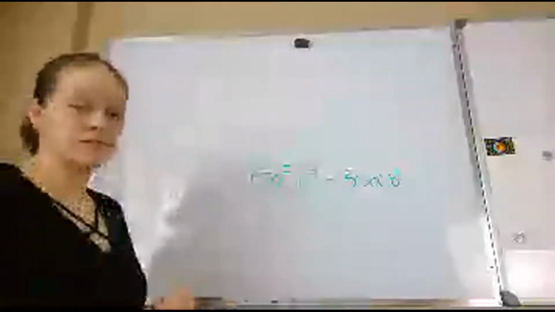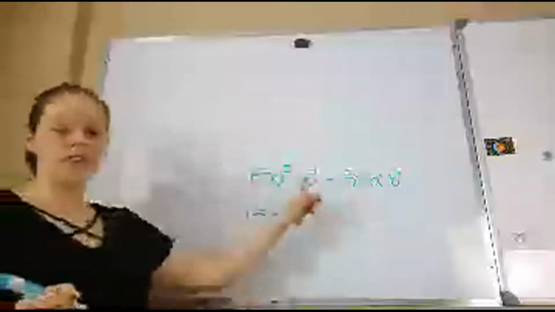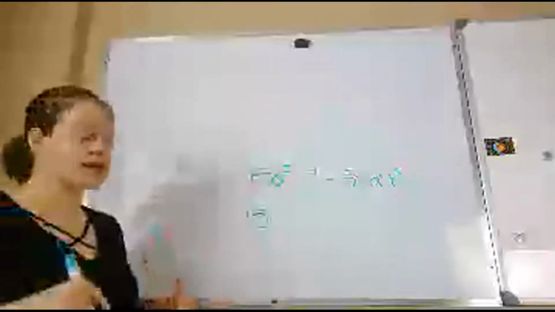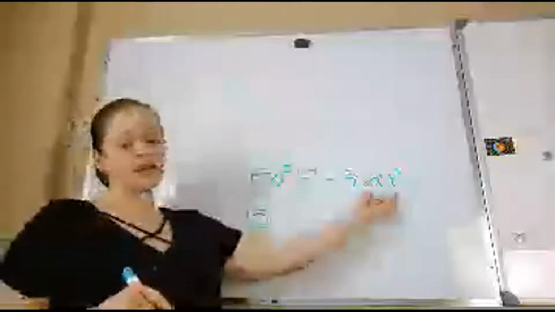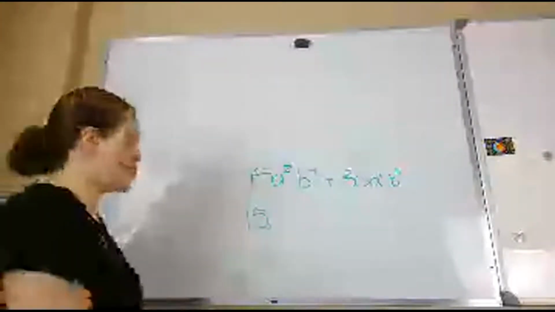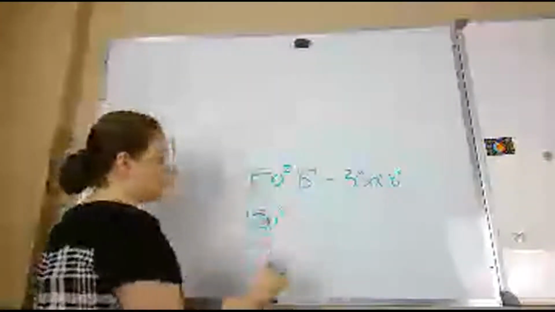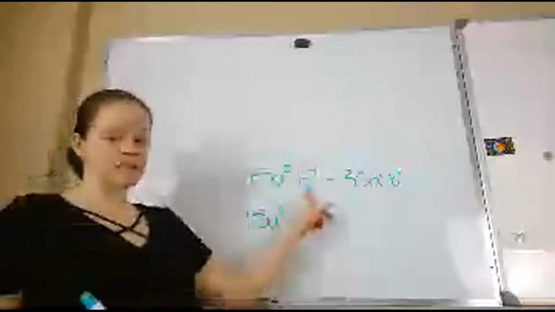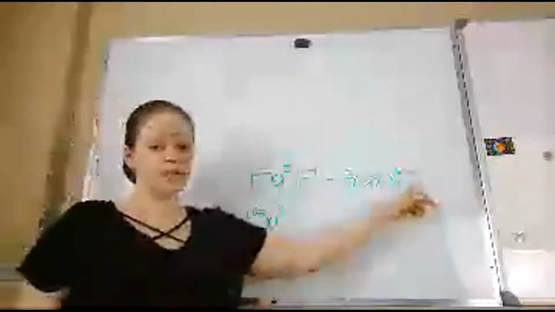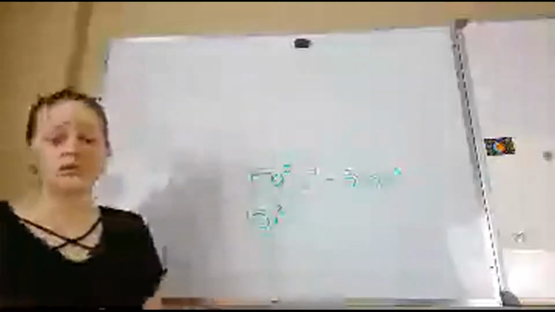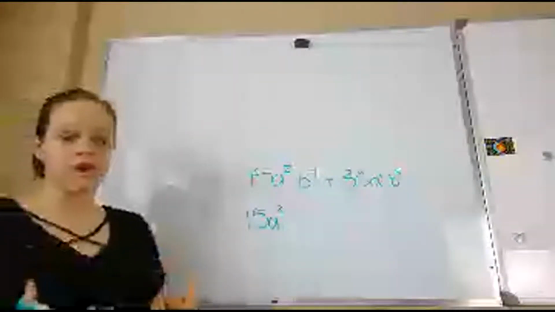So 15 divides both into 15 and 30. Okay, and now for the a's. Again, we have a squared and a squared. It's the exact same, so I'm just going to take that out. And for the b's, I have b to the 4 and I have b to the 6. So what is the most amount of b's they can have in common?